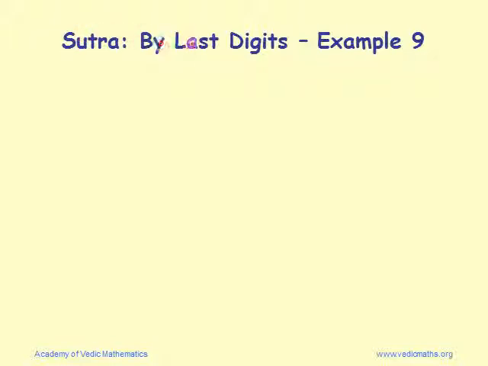Now we're going to discuss another sutra, by last digits. For that we're going to try this: add 478 plus 157 plus 326 plus 473. So we are going to add 4 numbers of 3 digits each.